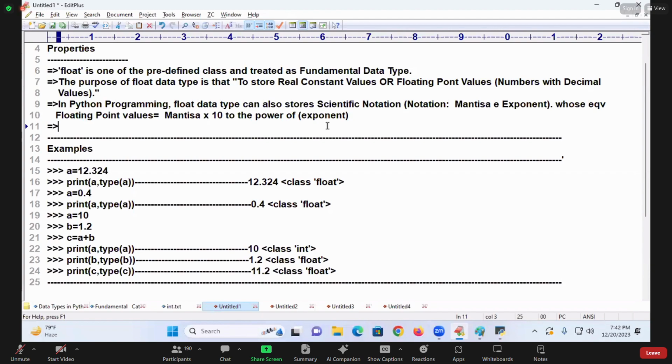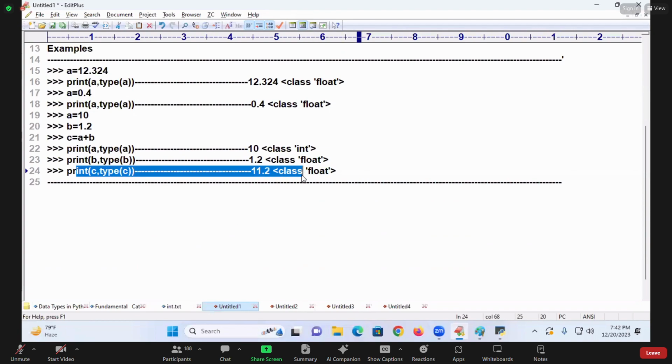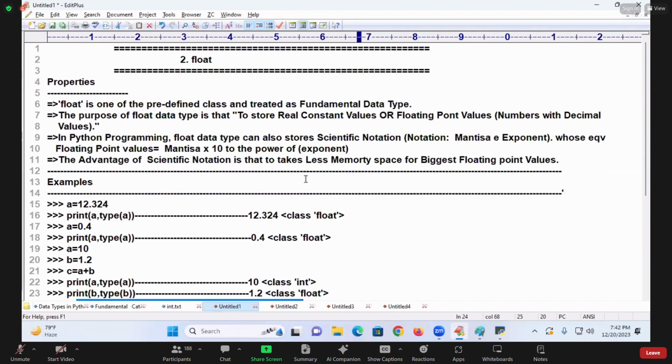That's all. Are you following me? This comes under the floating point data type. Clear?